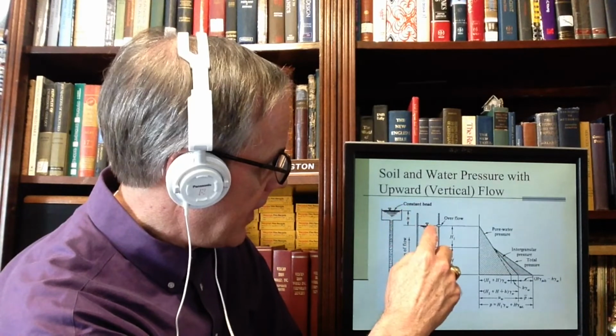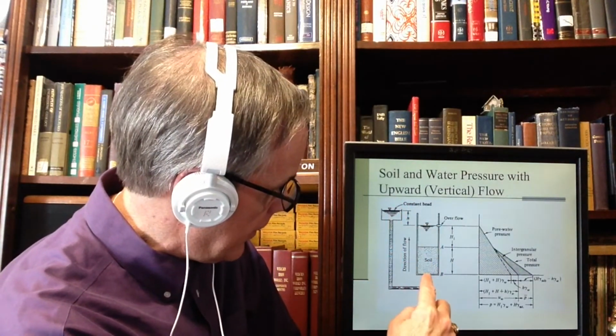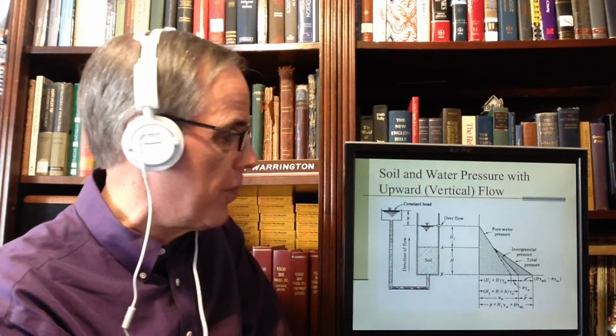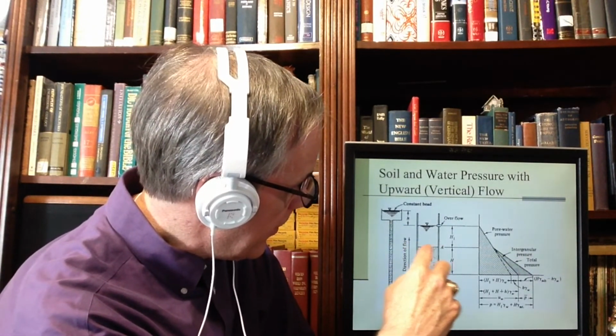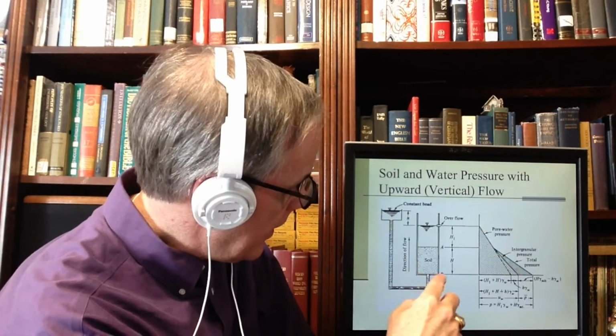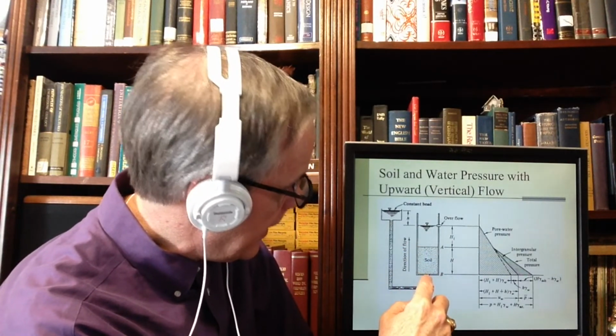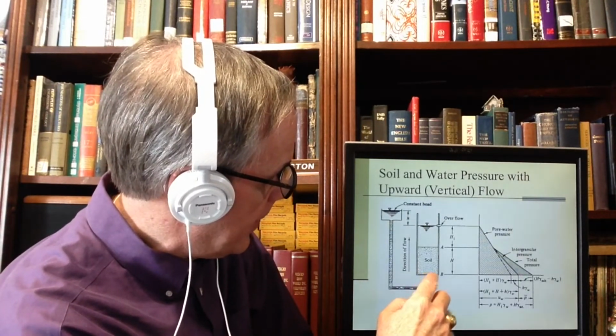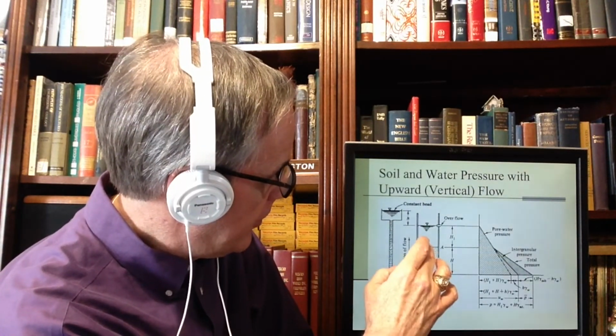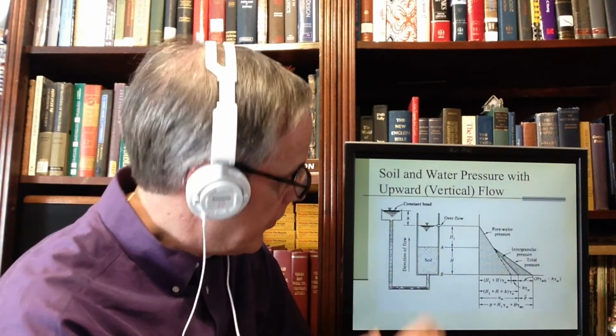On the other hand, if I have upward vertical flow, this head is higher than this one, and this goes down here and pushes the water upward. Now, that being the case, I need to know, again, the hydrostatic head here and the hydrostatic head here. And obviously, this hydrostatic head is going to be quite a bit larger than this one, and water will flow up.